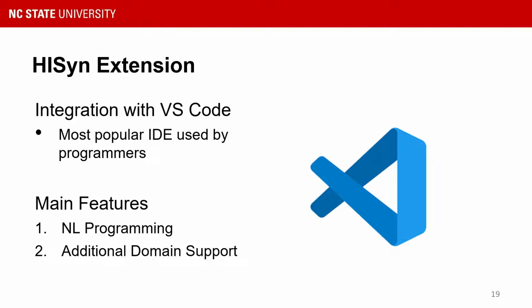The main features of this tool are first and foremost the ability to leverage the natural language programming made available through HiSyn, as well as some additional domain support for the domains currently supported by HiSyn. For example, there are code snippets for typical use cases in these domains, as well as additional commands for the AST matcher domain for building tools in the LLVM and Clang project.